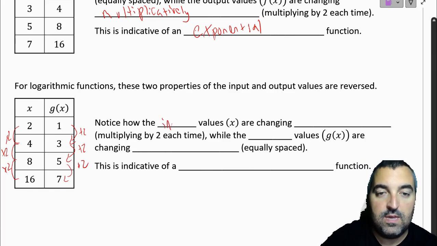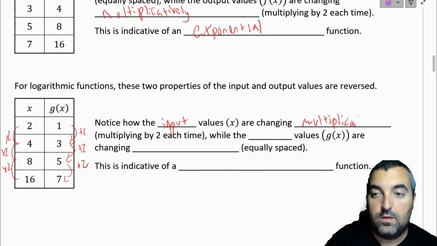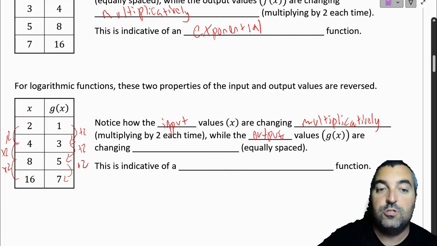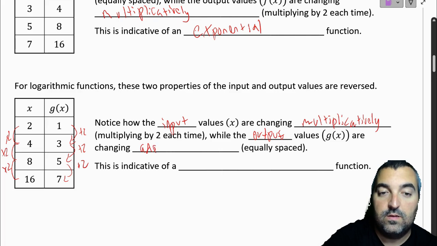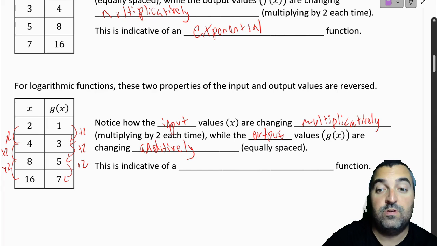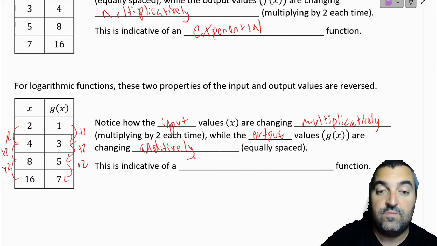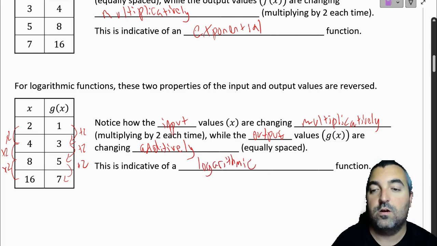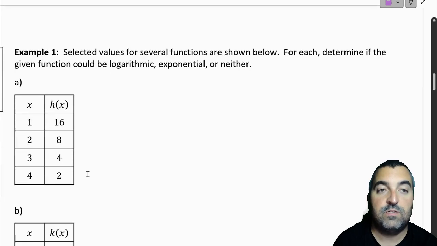So you'll notice that the inputs now are changing multiplicatively, while the outputs are changing additively. So in other words, the outputs are equally spaced where the inputs are multiplied. This is indicative of a log or logarithmic function.